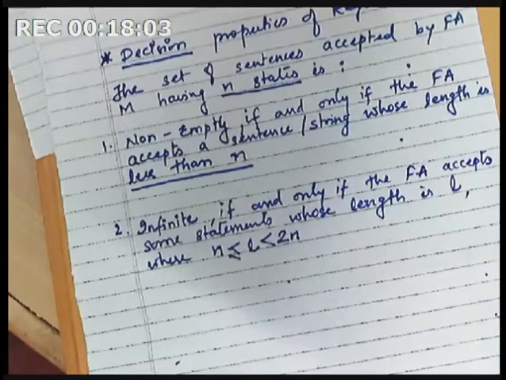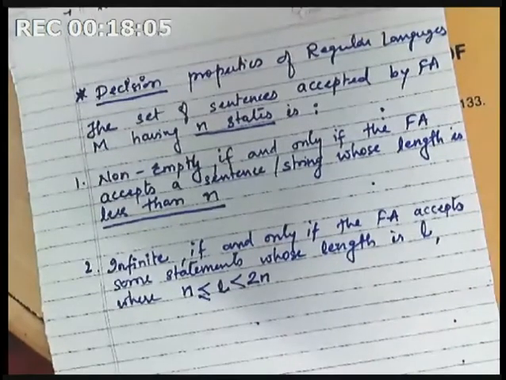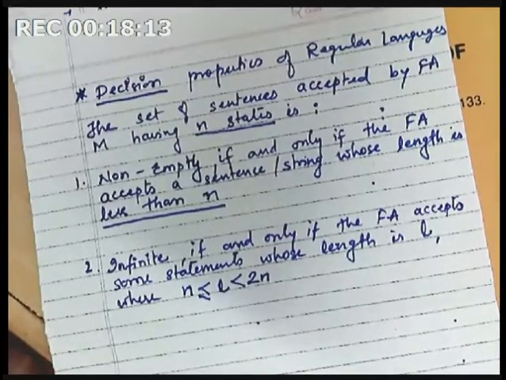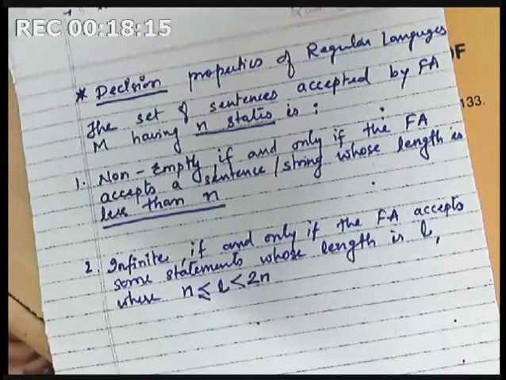So what are the different decision properties of a regular language? They are whether the language represents emptiness, finiteness, or infiniteness.